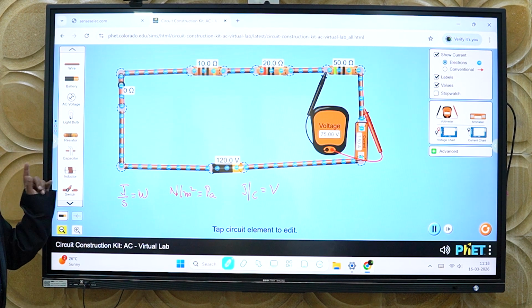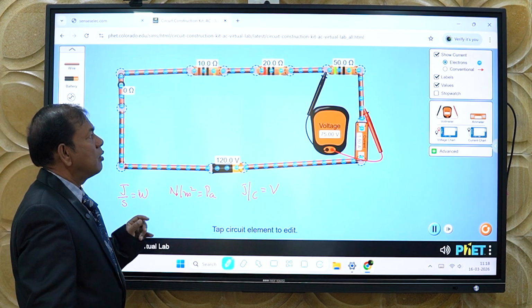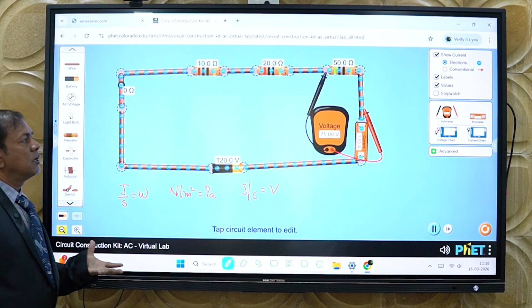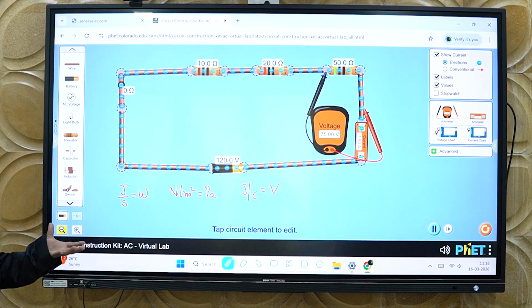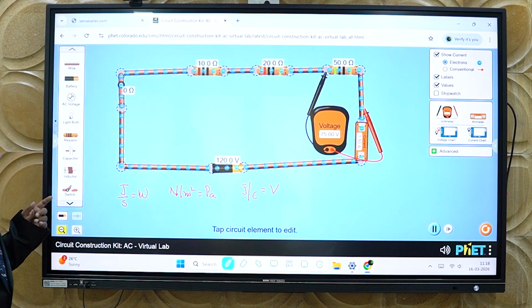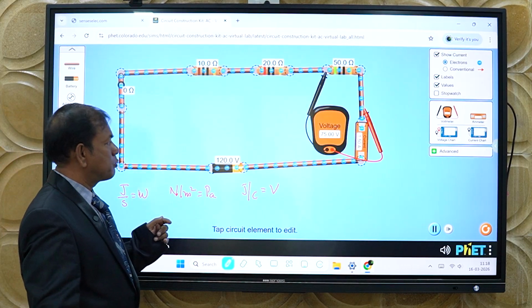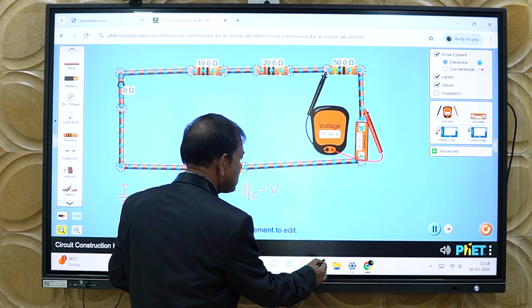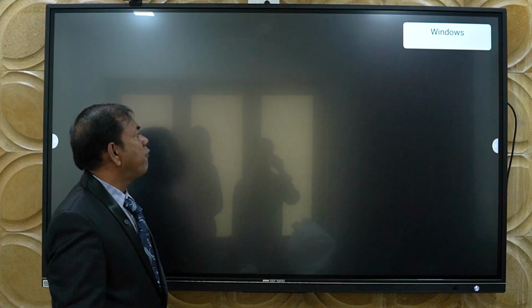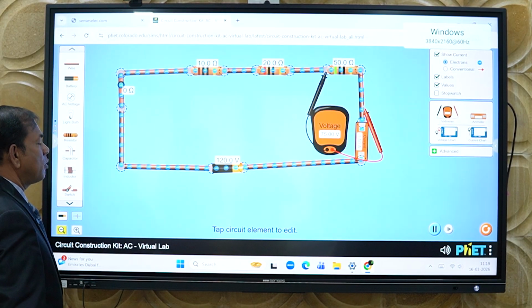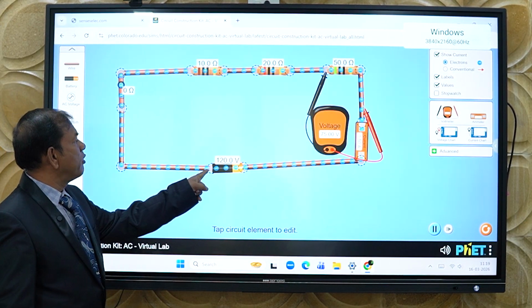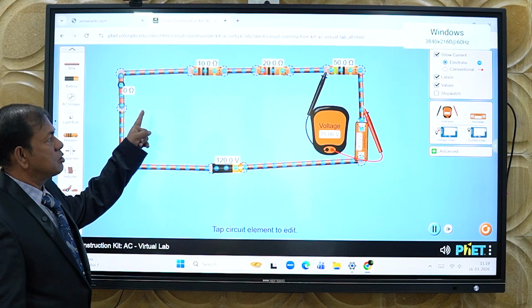But now again there is a confusion here, that what moves? Is it electron or the positive charges? But actually electron moves. But in our IBDP, we always say that current flows from positive terminal to negative terminal. Here you can see the electrons are moving from negative terminal to positive terminal.